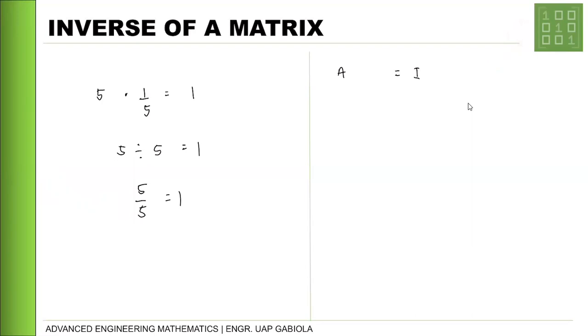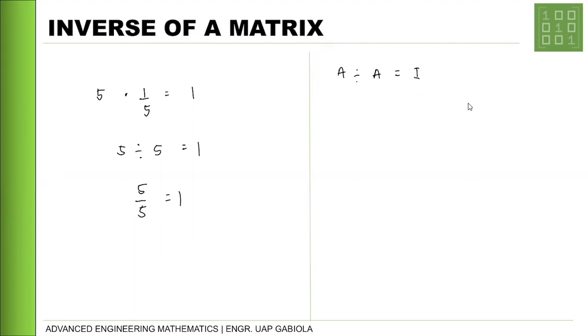So to achieve yung identity matrix natin, what do you think would be the multiplier of A para maging siyang 1? Okay? So by applying the same principle, kailangan i-divide natin siya by A. Okay?